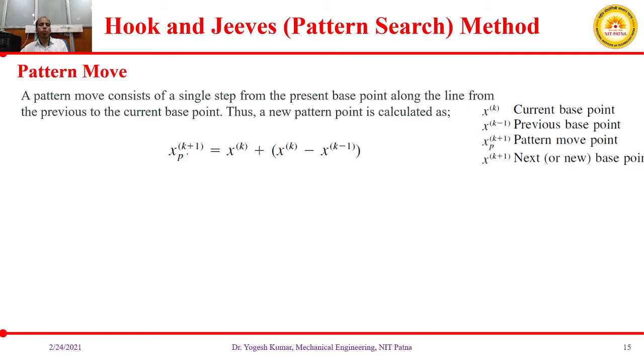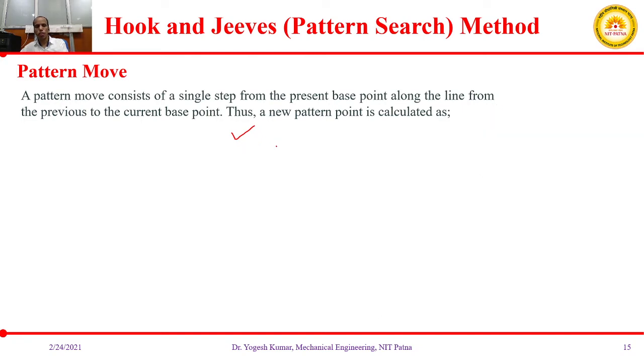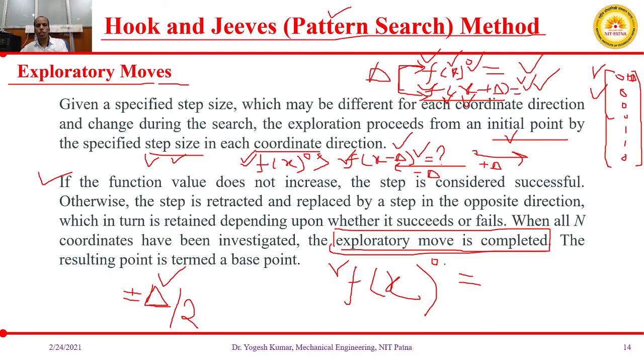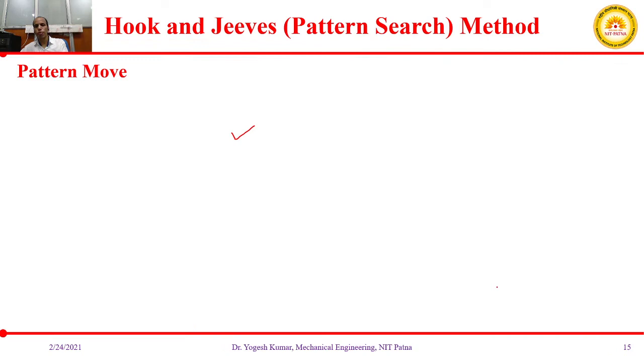In the pattern move, we keep the current value as the base point, and suppose in the exploratory move we have found some value, which is fx1. This is the set of values corresponding to fx1.